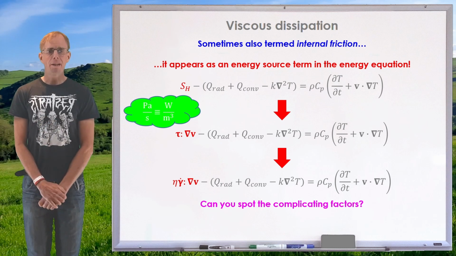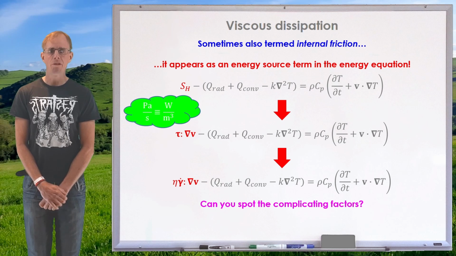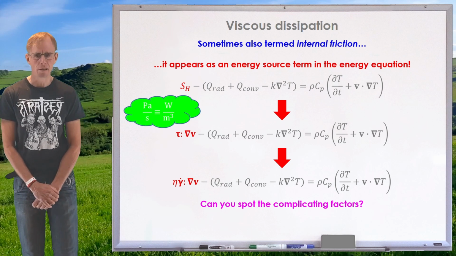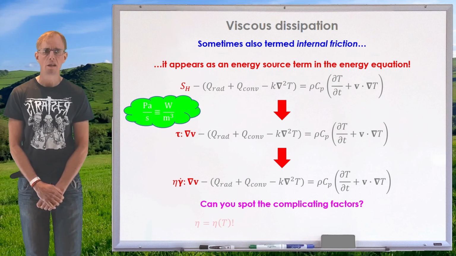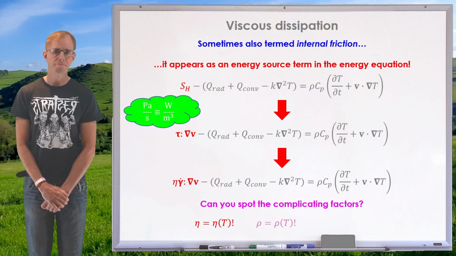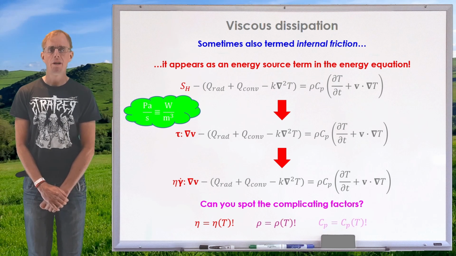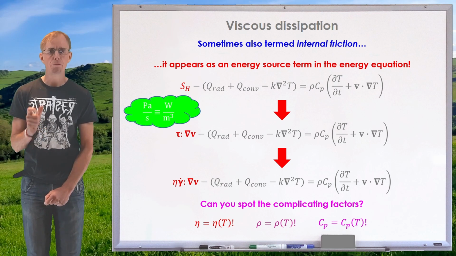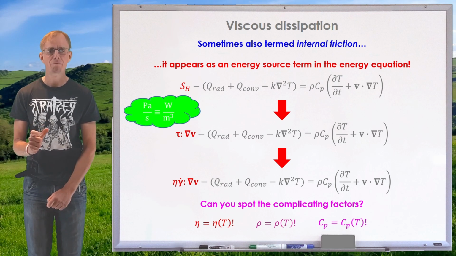So let's look at the complicating factor here. We've got a number of physical properties in the energy transport equation. We've got viscosity, we've got density, we've got heat capacity, we've got thermal conductivity, all of which are functions of temperature. Right, so the term that generates the energy source is pre-multiplied by viscosity.